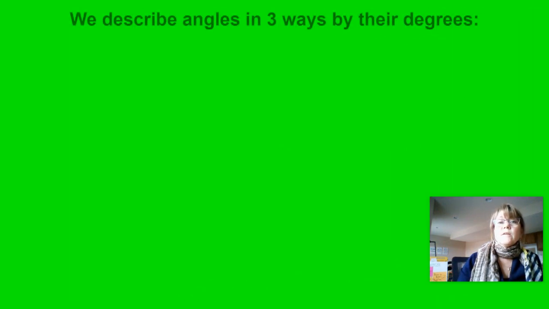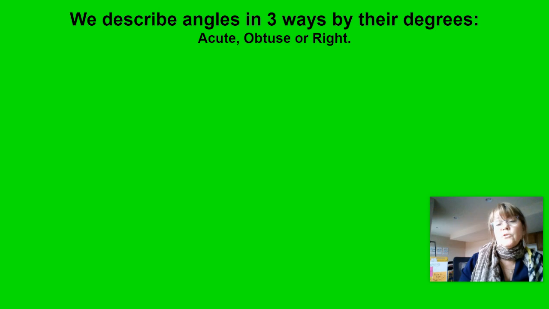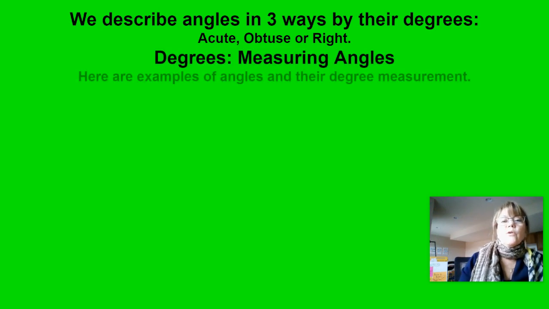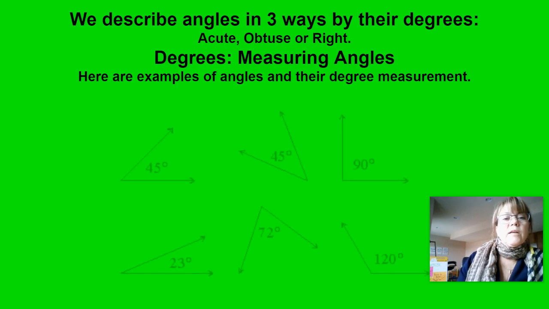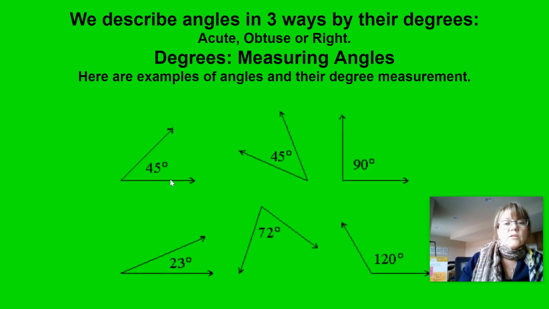There are different types of angles that we're going to be talking about: an acute, an obtuse, and a right angle. We know those by measuring their degrees. So here the degrees between this ray and that ray is 45 degrees. Between that one and that one is 90. This one's turned different than that, but they both are the same amount of degrees.